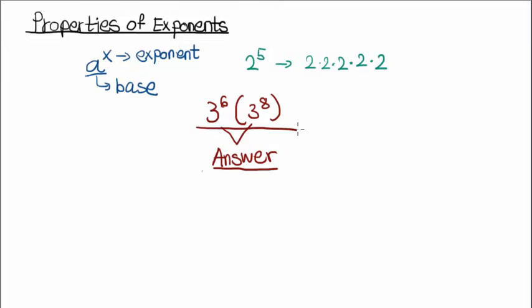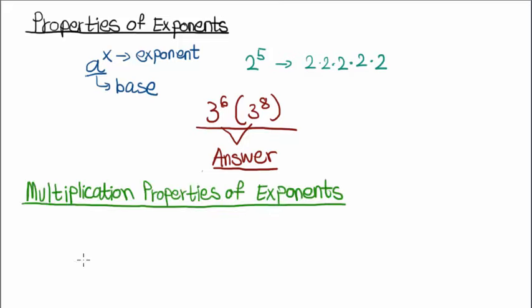In order to evaluate this, we need to refer to a few properties regarding the multiplication of exponents. So what are the multiplication properties of exponents? Well, it's quite simple actually. If you have some exponent such as a to the power of b, and to that you're multiplying a to the power of c, then another way of writing this product is to simply add up the exponents and keep the base the same.